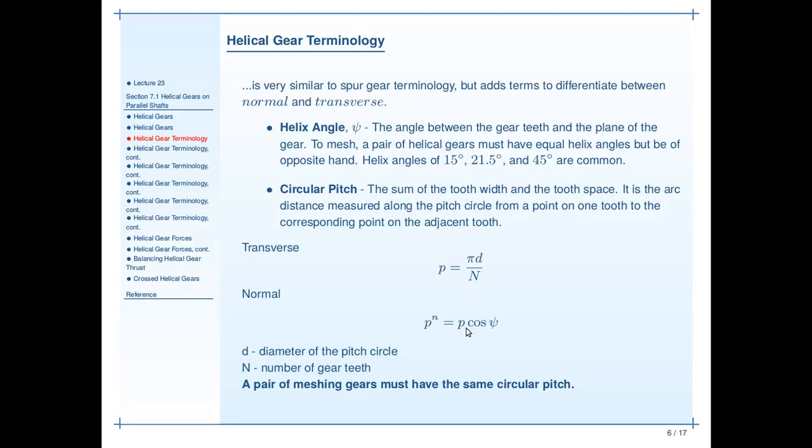You'll also note that for the normal circular pitch, we have a little superscript n. That's going to be the same with all of these helical properties where we have both normal and transverse values. We will put an n in the superscript to denote the normal direction. Just like with spur gears, meshing helical gears must have the same circular pitch.